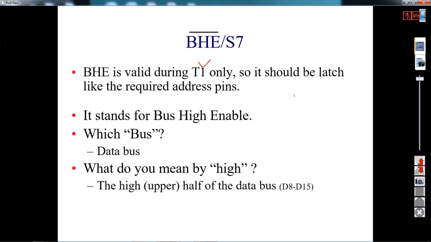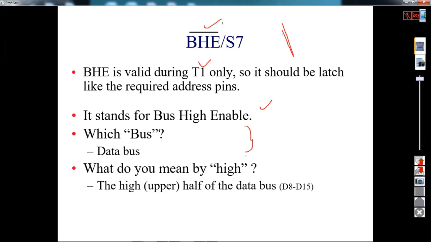And what do you mean by high? That means the higher half of the data bus. So here you are connecting two memory banks, even bank and odd bank. Then whether the lower byte or higher byte is what you are trying to fetch can be indicated by using bus high enable.